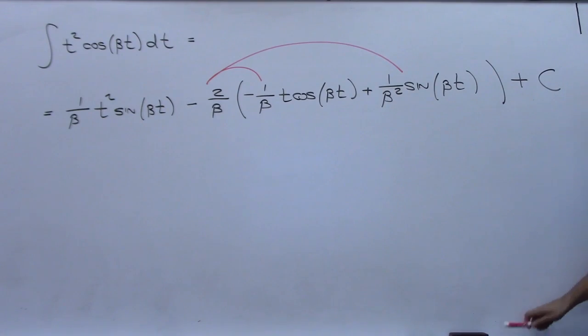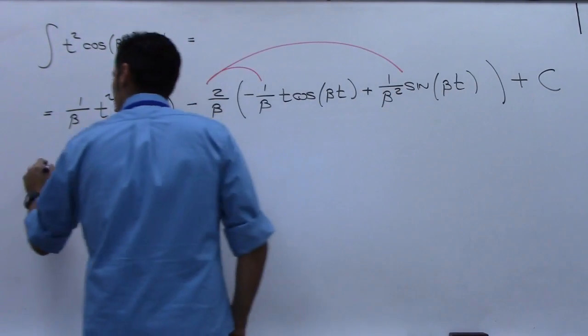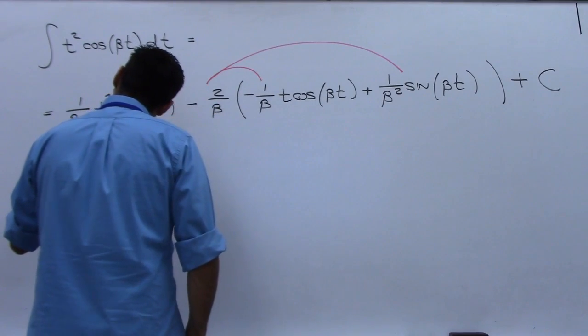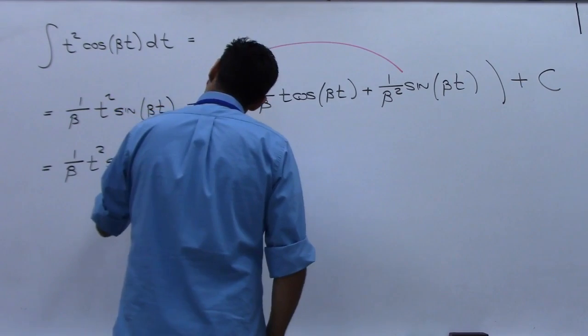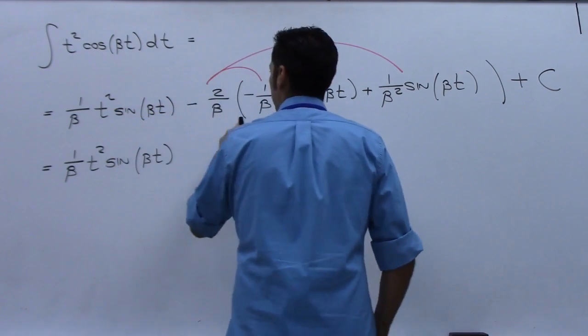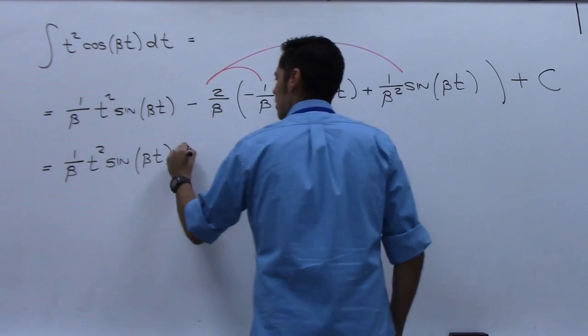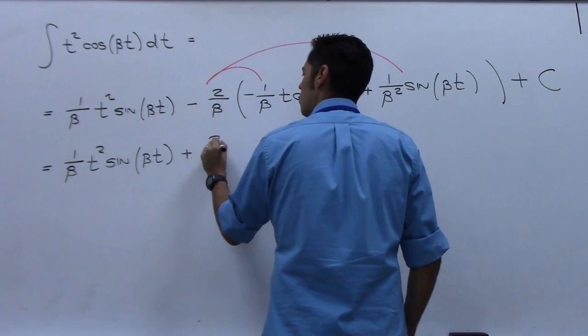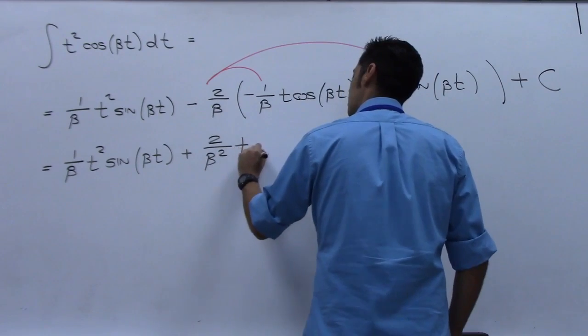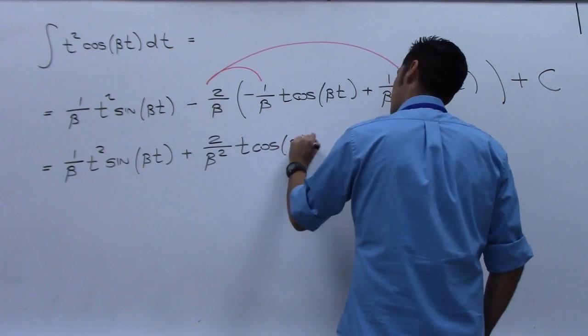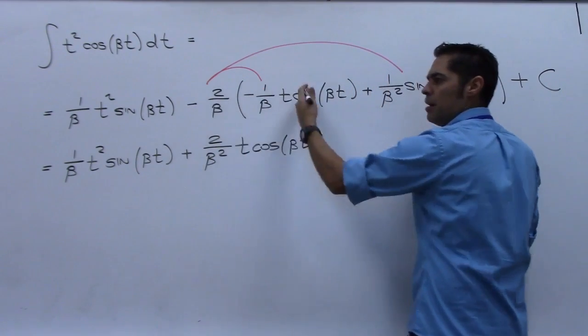So this should be my final answer. 1 over beta t squared sine beta t minus or plus here? Plus. Plus 2 over beta squared t cosine beta t. That's when I go here to here.